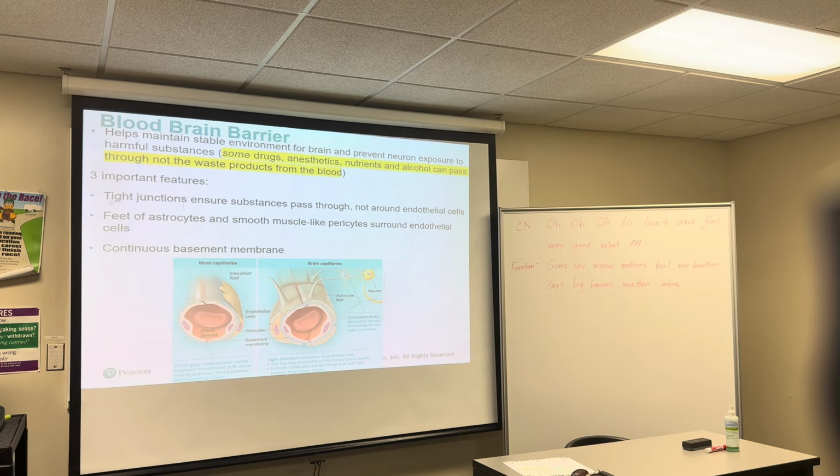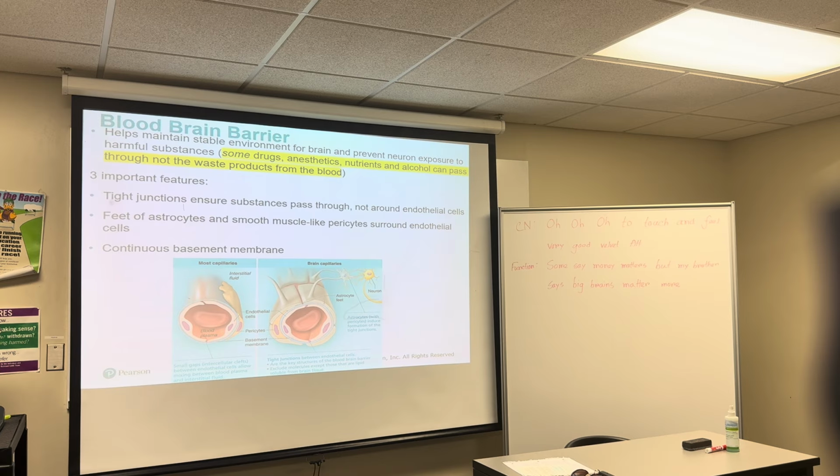So now you know that your brain is very, very what? Precious, and you do not want to damage it. So to protect it, you have the what? Blood-brain barrier, right? So what is the function of the blood-brain barrier? It helps maintain a stable environment for the brain and prevents neuron exposure to harmful substances.